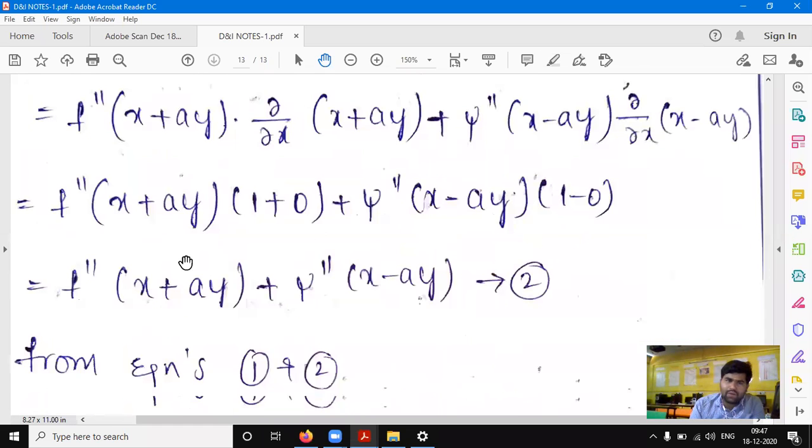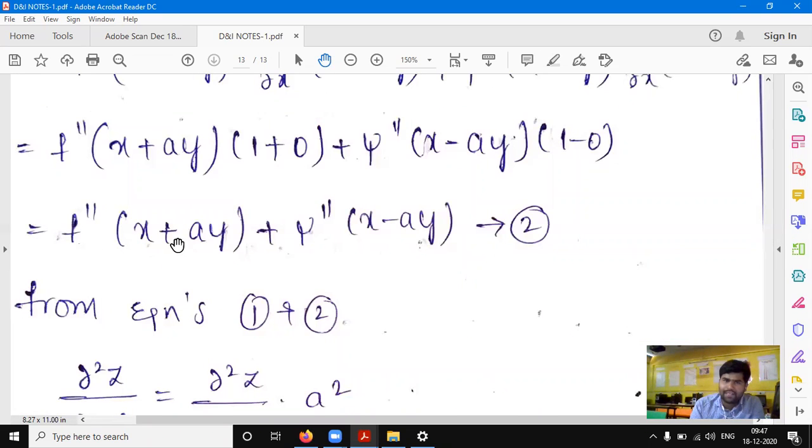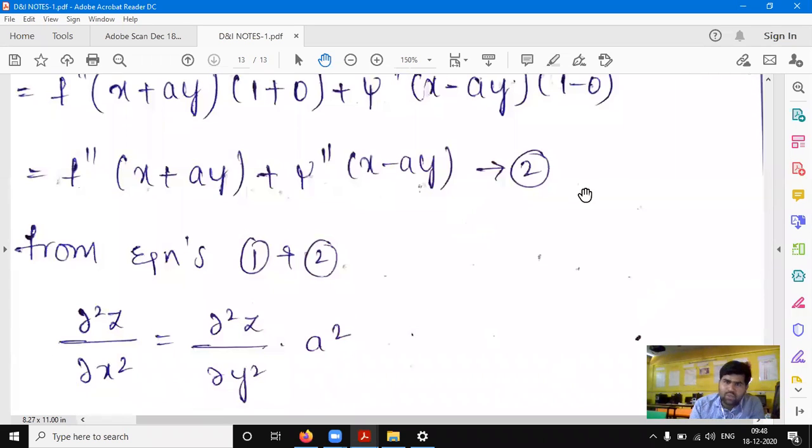Equation number 2 is f''(x + ay) + ψ''(x − ay). When we multiply equation number 2 with a², equations 1 and 2 become equal. So ∂²z/∂y² must be multiplied by a².